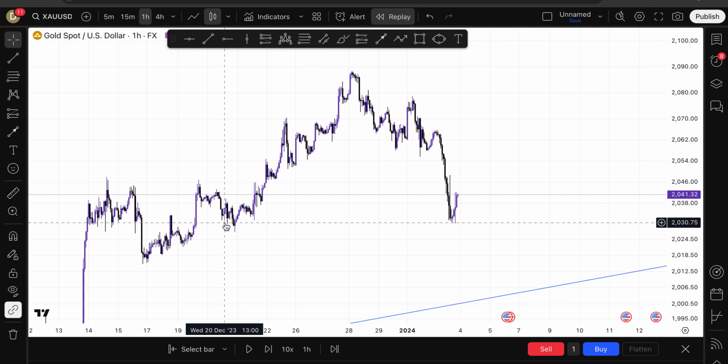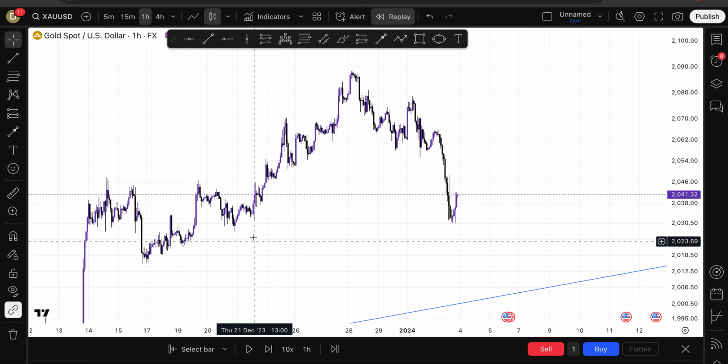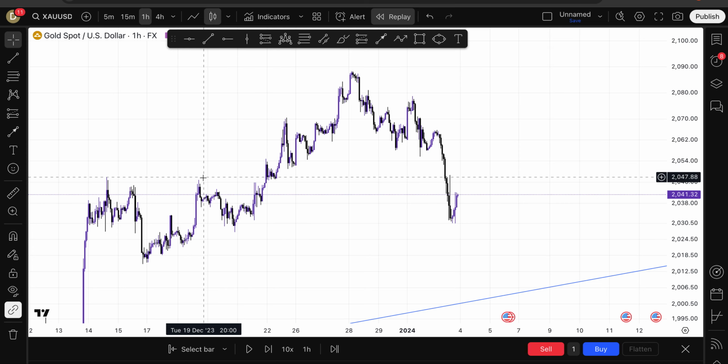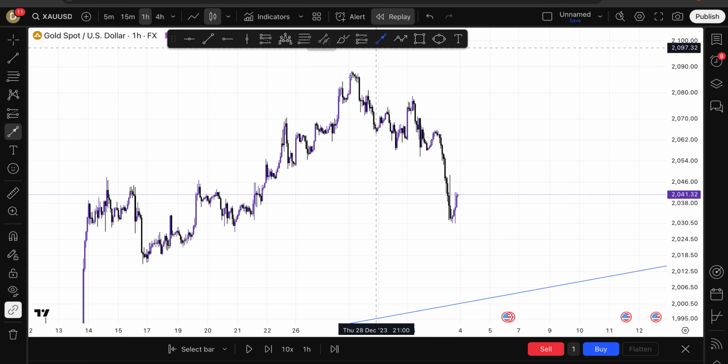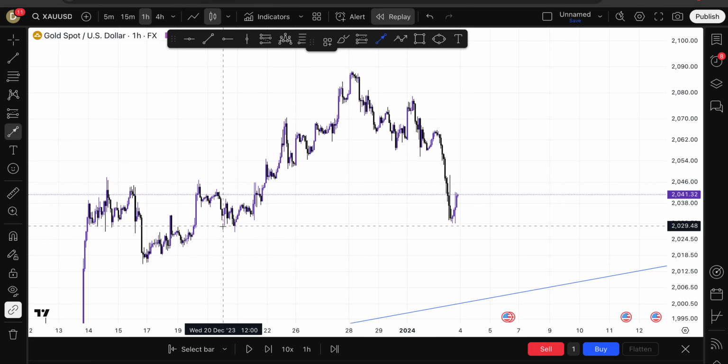Is this a liquidity sweep? No, I don't see that. But here is a break of structure. Okay, let's assume here is our liquidity sweep.